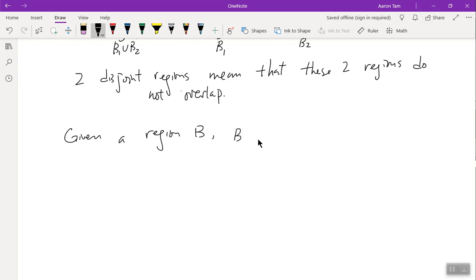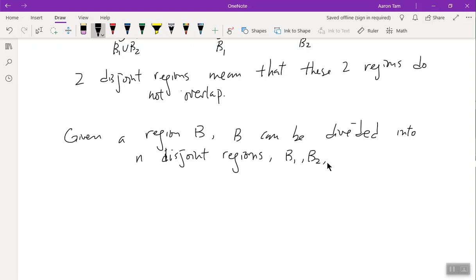So let's say B can be divided into n disjoint regions. And let's say these disjoint regions would be B sub 1, B sub 2, to B sub n.